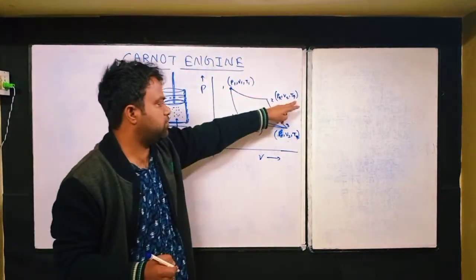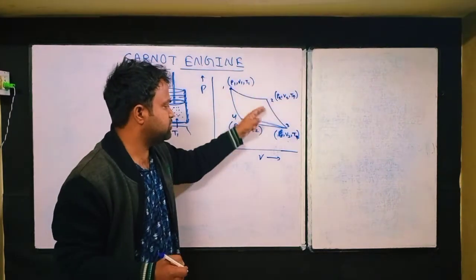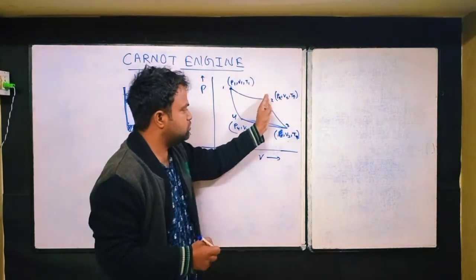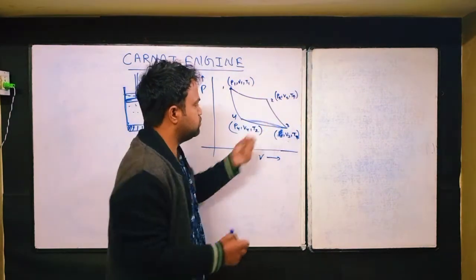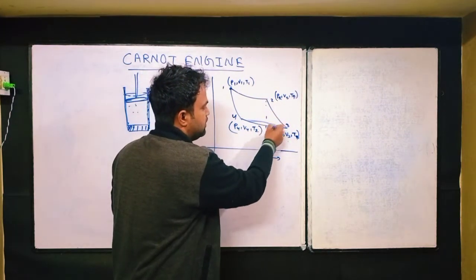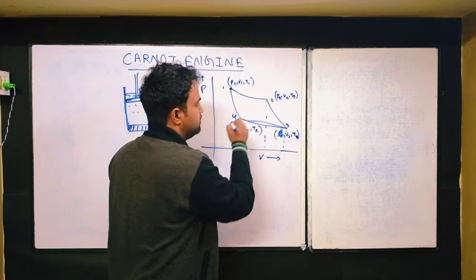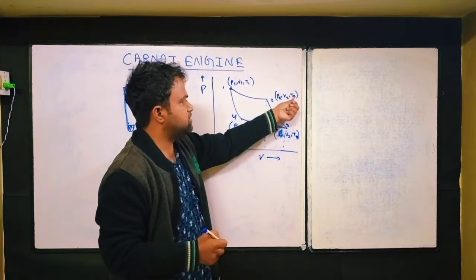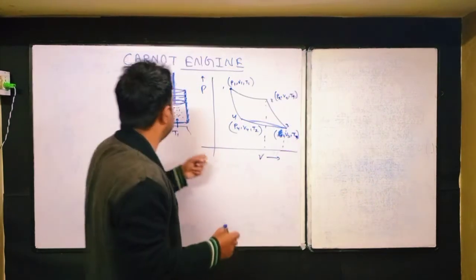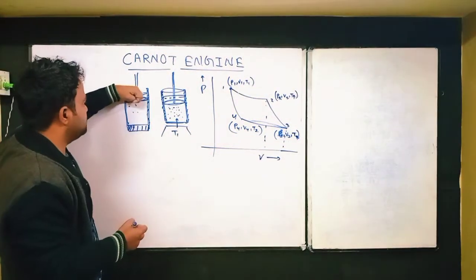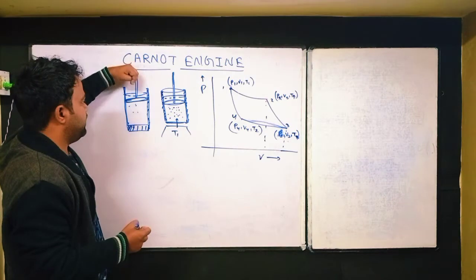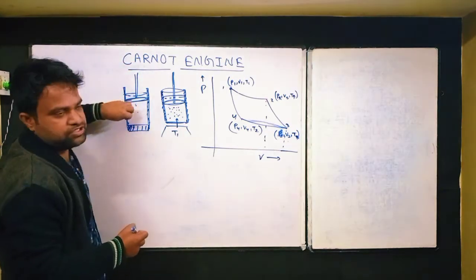Now in process 2 to 3, you see the volume is not increasing much, but the temperature is changing from T1 to T2, since I am supplying no external heat and allowing the piston to expand by the internal energy of the gas.